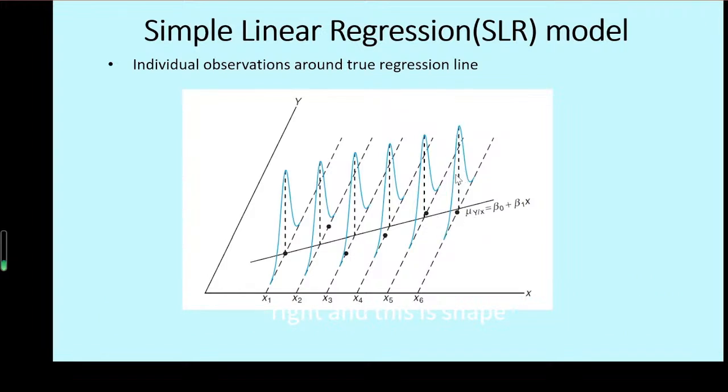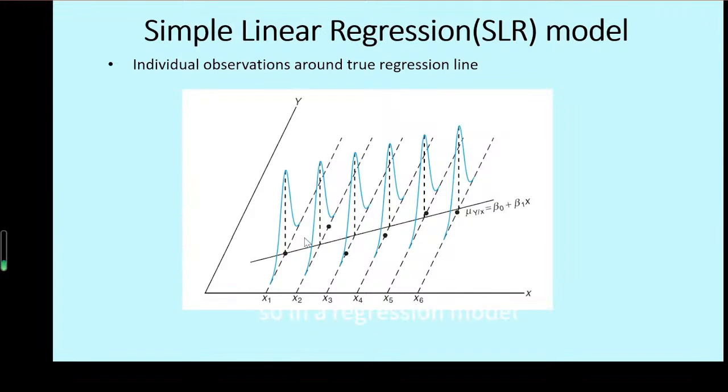And this shape models the distribution of the random term epsilon. That's why you can see your observed value maybe here or maybe here, different values. But for different x, the distribution of this random variable is the same. So epsilon has the same distribution for different x values.